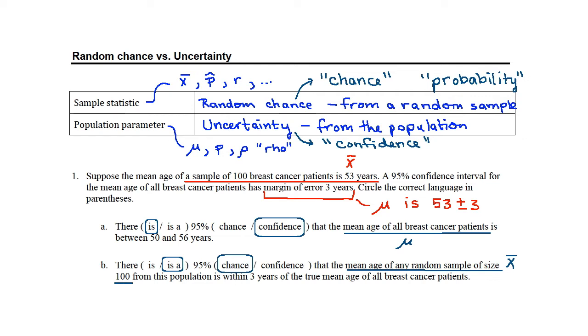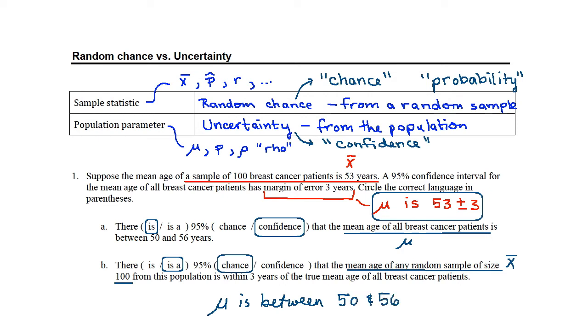And as we go on to interpret the confidence interval, let's take this idea here. We said that the parameter mu is 53 give or take 3. So that tells us that mu is between 50 and 56.